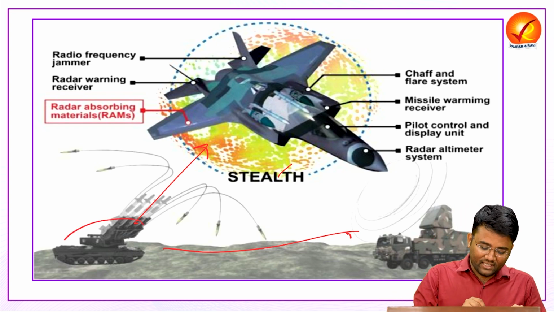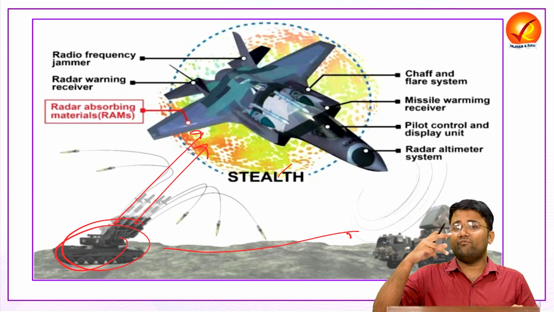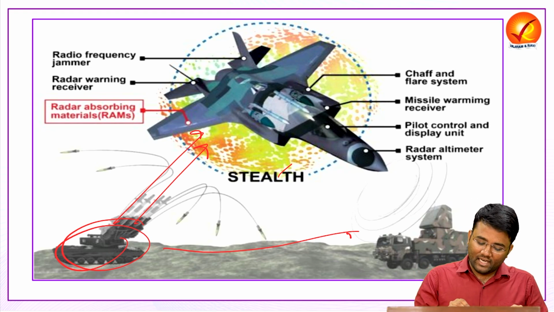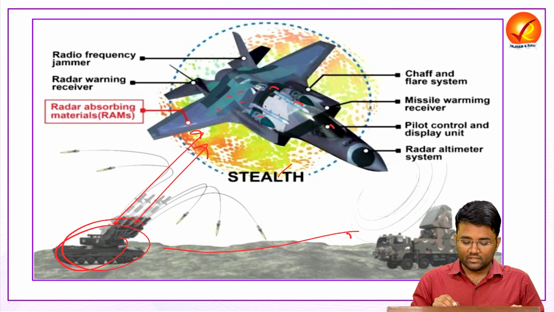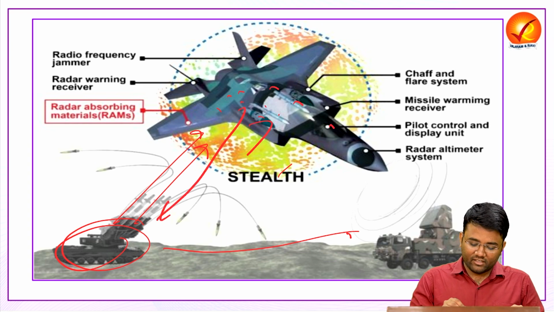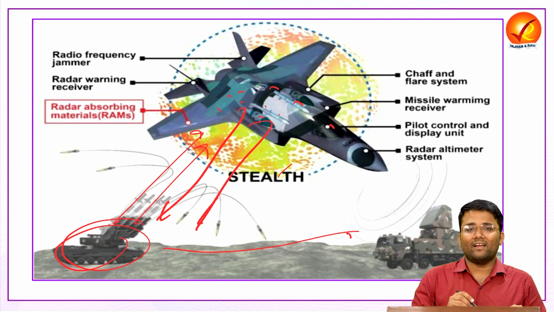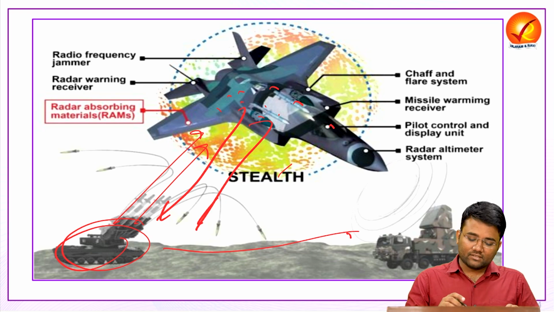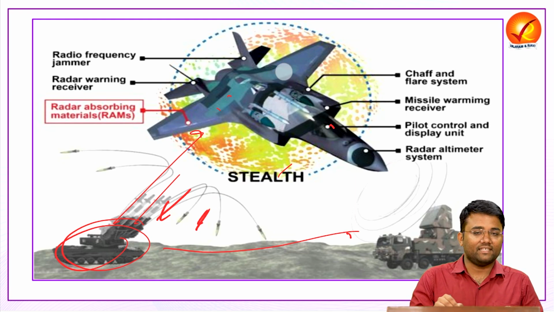So whenever these radars are available on ground, they send electromagnetic waves, and when those electromagnetic waves strike these fighter aircrafts, and when those signals get reflected back to the radar station, that gives an idea about the speed of this aircraft, about the location, the maneuverability of that aircraft, etc.